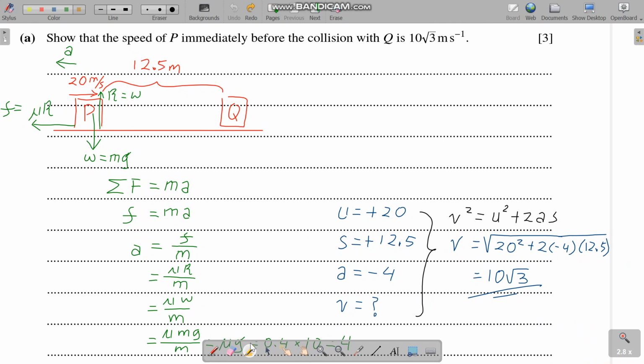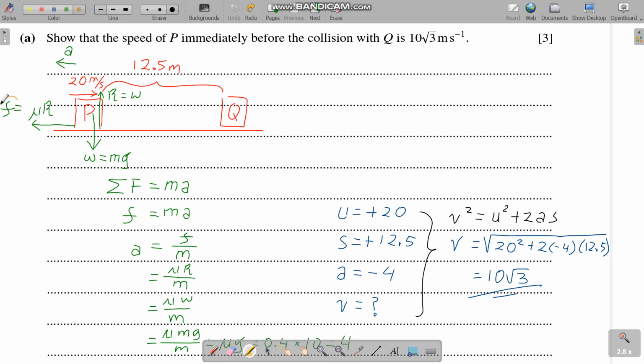To find the acceleration, we analyze the forces and use sigma F equals ma. For the vertical direction, we have the weight force mg downwards, and the normal reaction force upwards is therefore the same. This is from sigma F in the vertical direction equals 0. So the normal reaction is equal to the weight force, which is mg.